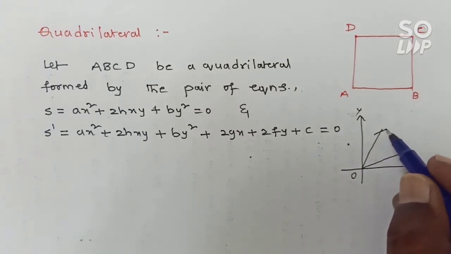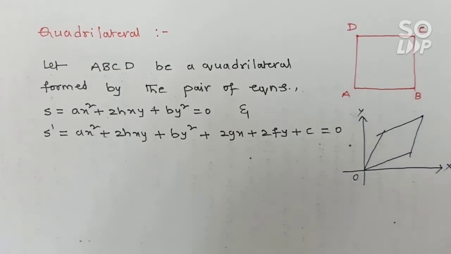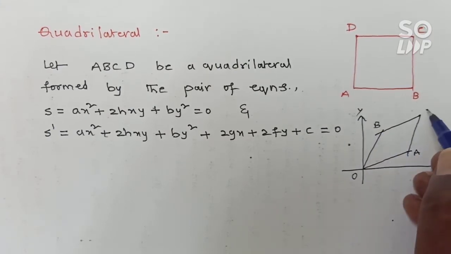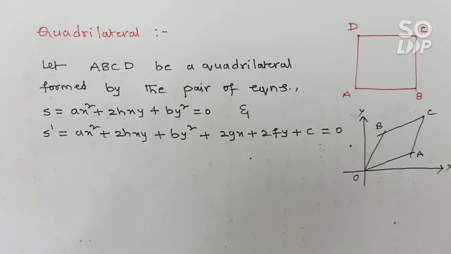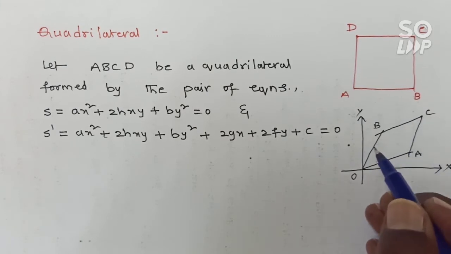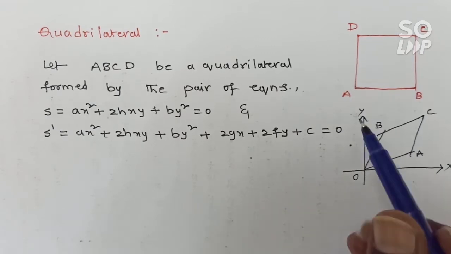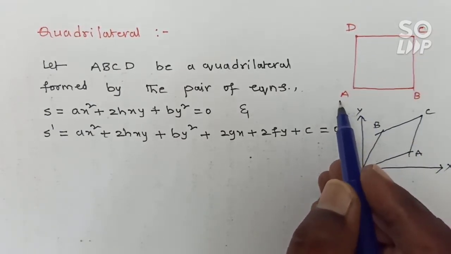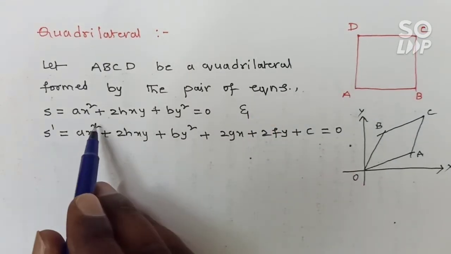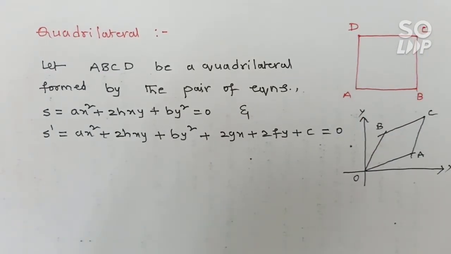So one line is parallel to this one, and another is parallel to that one. Let these be A, B and C. So this quadrilateral is a parallelogram-type diagram. Now in the above figure, consider O as the origin. OA and OD are represented by the first equation, and BC and CD are represented by the second equation.